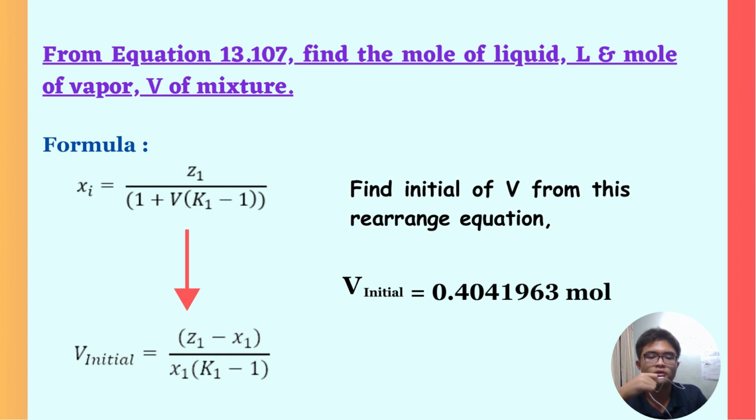Okay, so now let's proceed with equation 13.107 in order to find the mole liquid and mole vapor of the mixture. First of all, we arrange the equation of x1 into an equation of V initial, and then we substitute all the components from the previous calculation into this equation to find V initial. The V initial that we obtain is 0.4041963 mole.